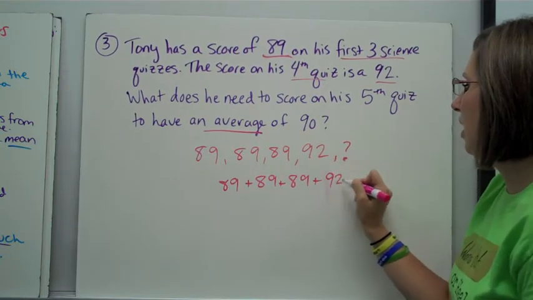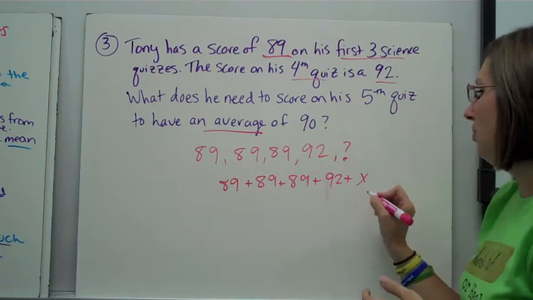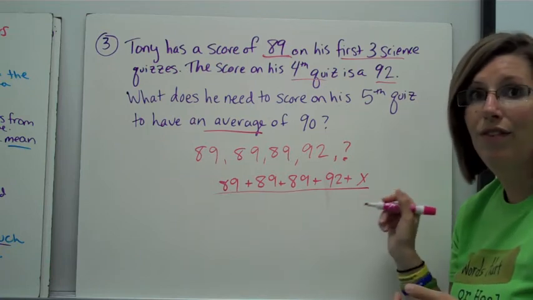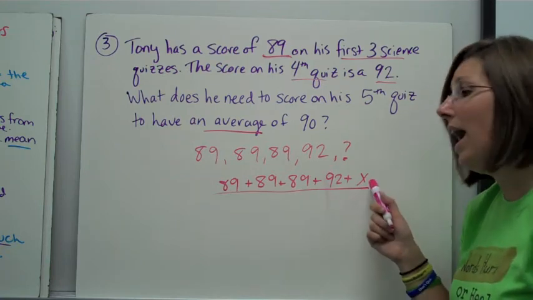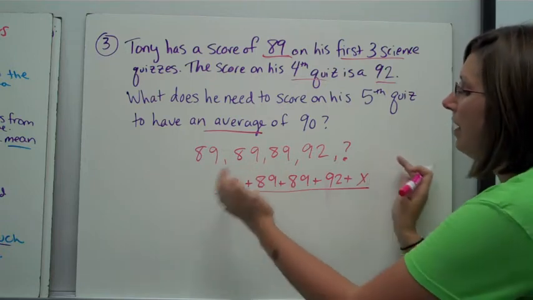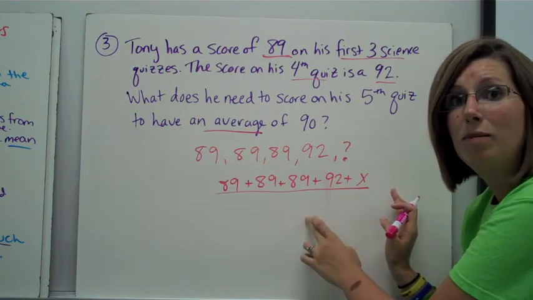And my unknown. Remember from your algebra lessons, if you don't know what a data value is, you're going to insert a variable. Here, x is my variable. To find the average of something, I add all of the data values up and I divide by how many there are.